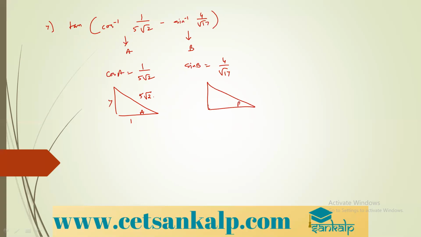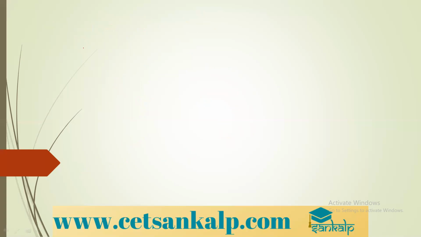Then take a triangle for B. Opposite is 4, hypotenuse is root 70. So adjacent is 1. That means I can write tan A is 7, and tan B is 4. So I can write the question as tan of tan inverse 7 plus tan inverse 4, which becomes tan inverse.